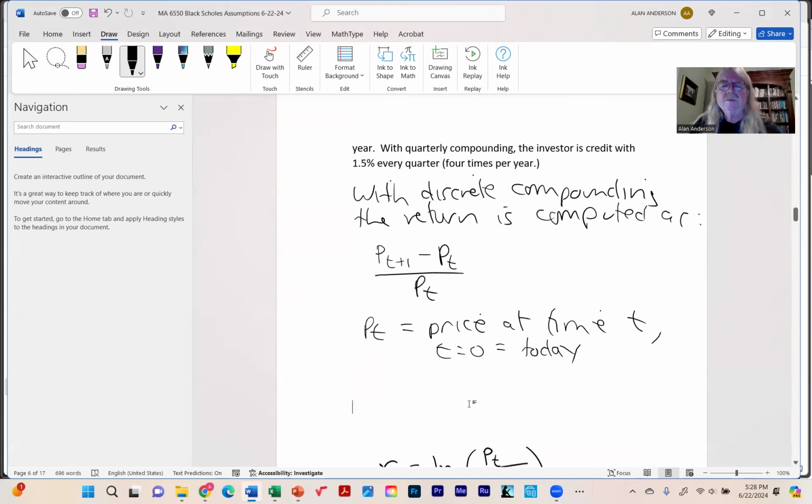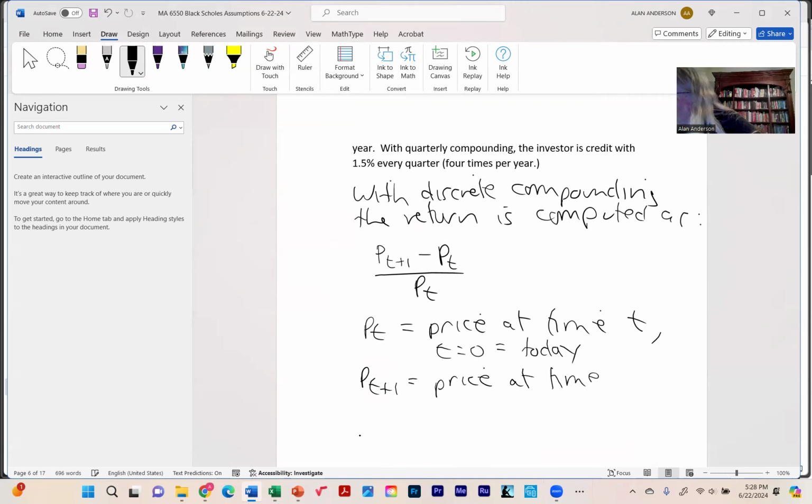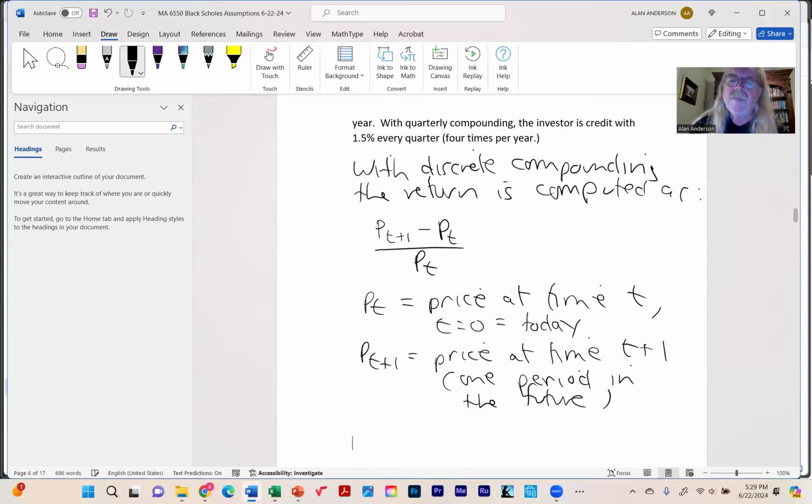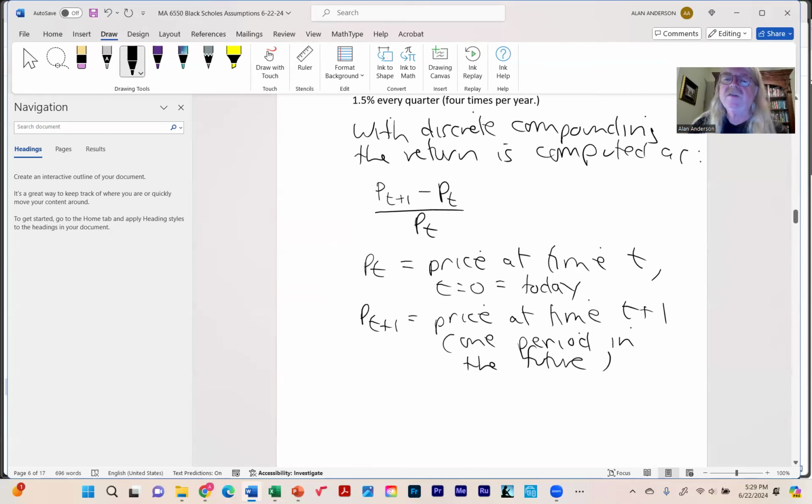And then P_{t+1} would be one period in the future, which could be a year, but it doesn't have to be. That depends on the situation you're in. It could be an annual change, it could be a weekly change, whatever the case may be.